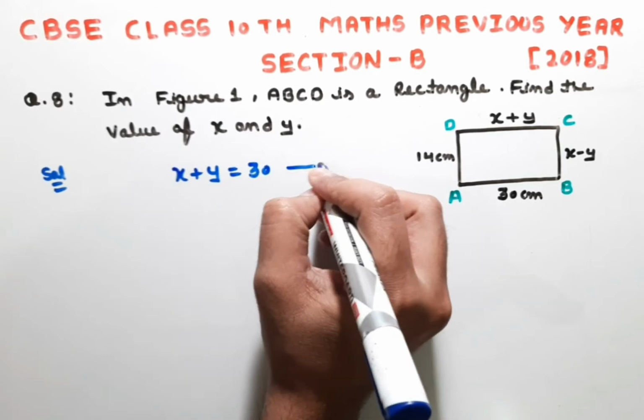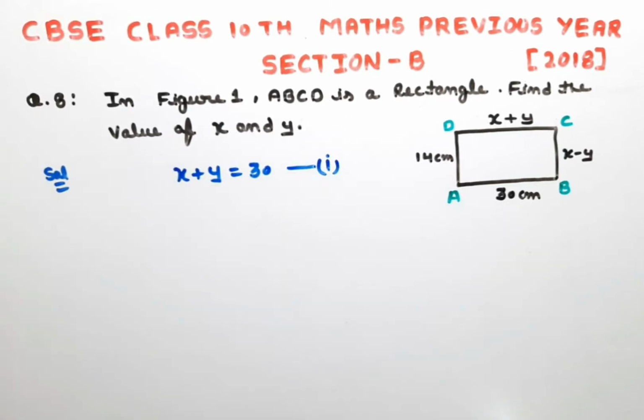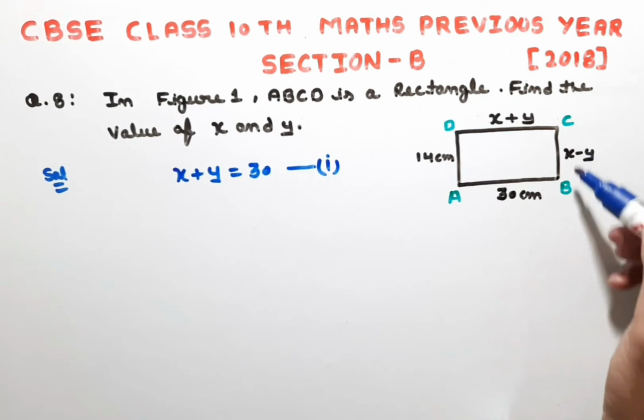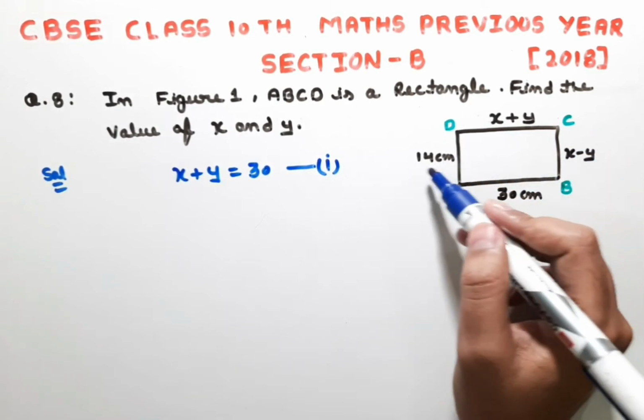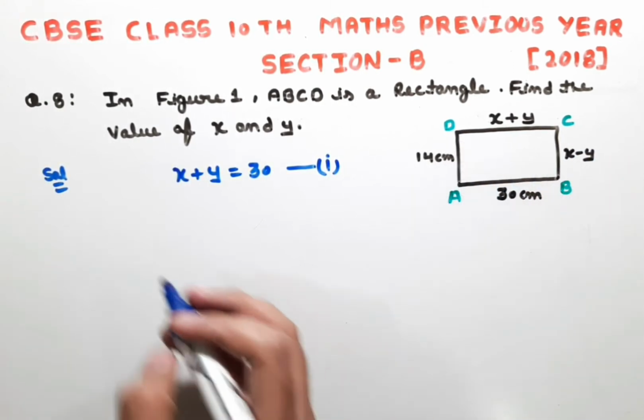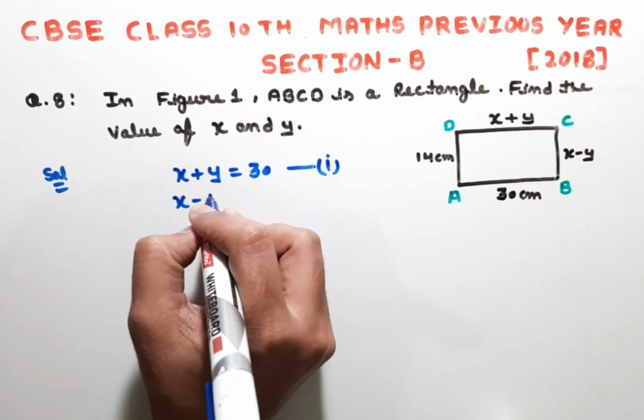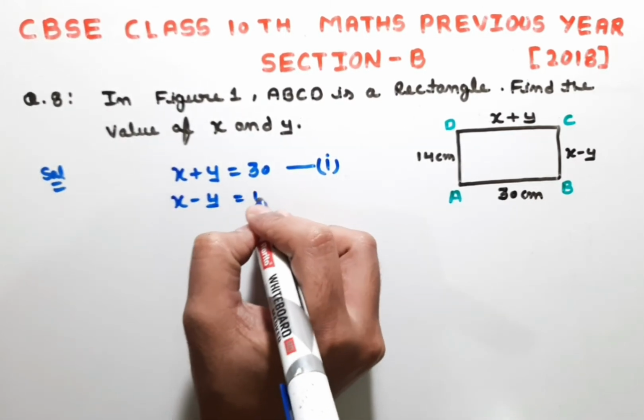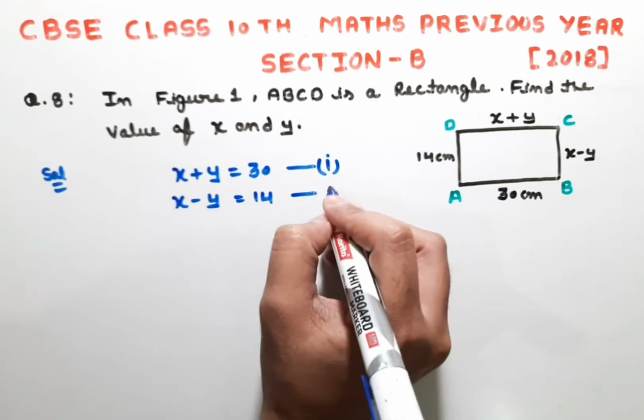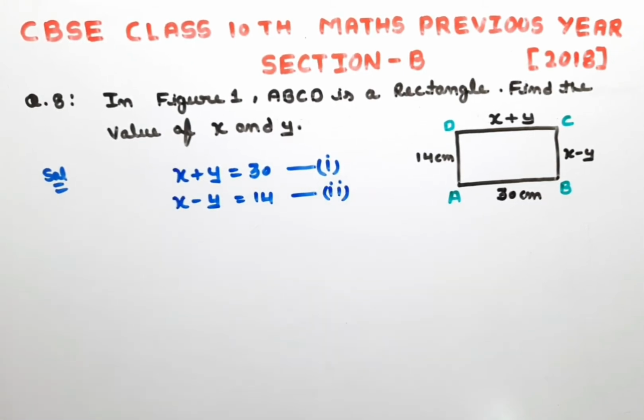Let this be equation first, and width, that is x minus y, equals 14 cm. Let this be equation second. We have to find the value of x and y.